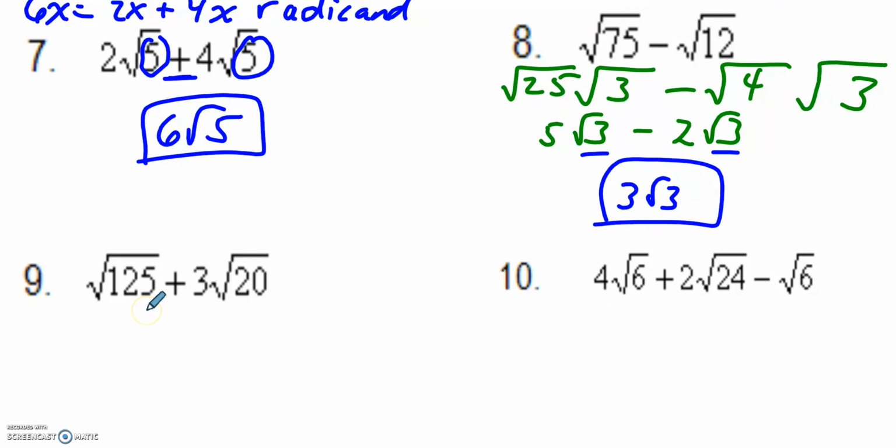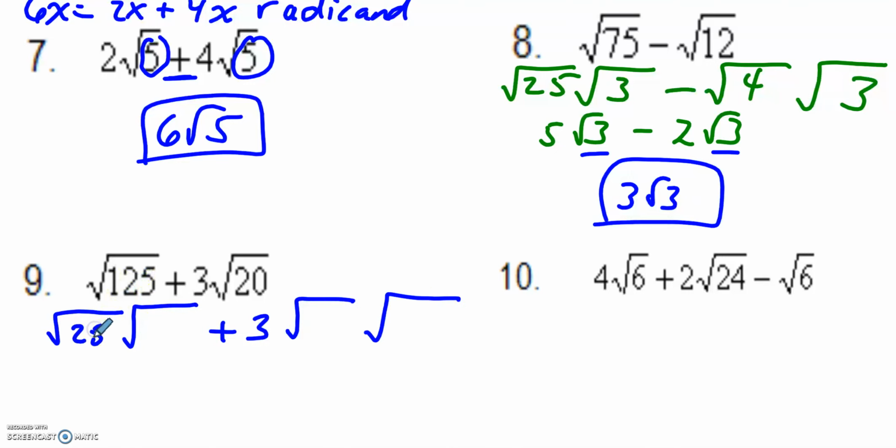Number 9 is similar, in that right now we cannot add these radicals because the radicands are different. But what I could always do is think about splitting the radicals that I currently have. So if I think about 125, I think about money. 25 goes in. There are 5 quarters in $1.25, so 25 times 5.